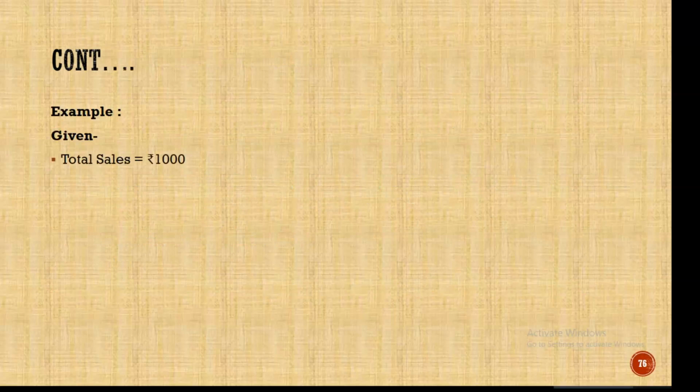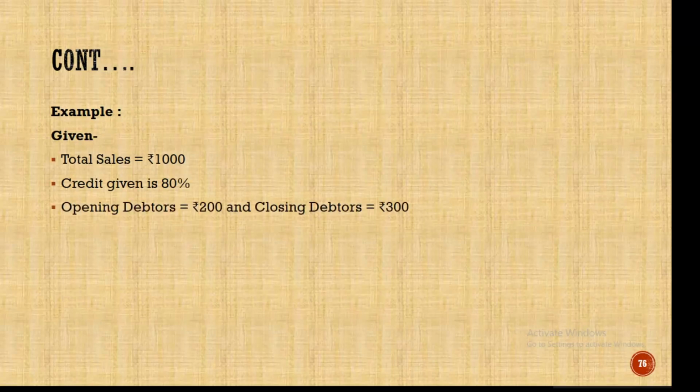Example: the given information is total sales rupees 1000, credit given is 80%, opening debtors rupees 200 and closing debtors rupees 300. Now we have to apply the formula. For that we require information concerned with credit sales. So first calculate credit sales, that is 80% of total sales, so the amount of credit sales is rupees 800.